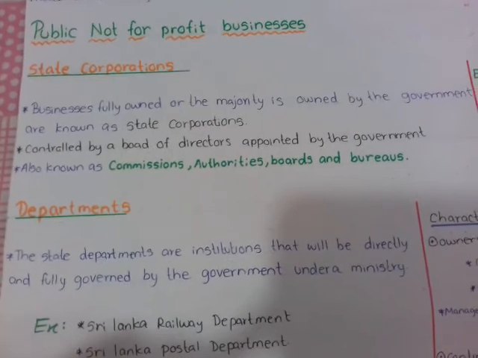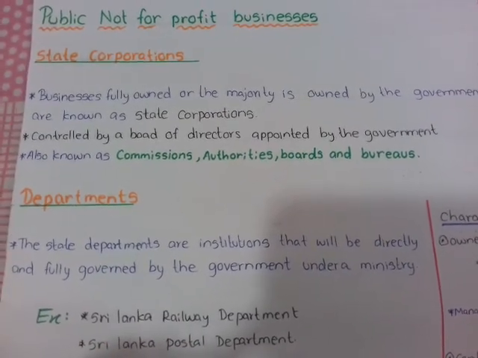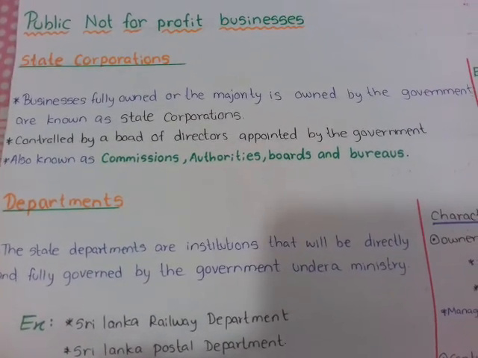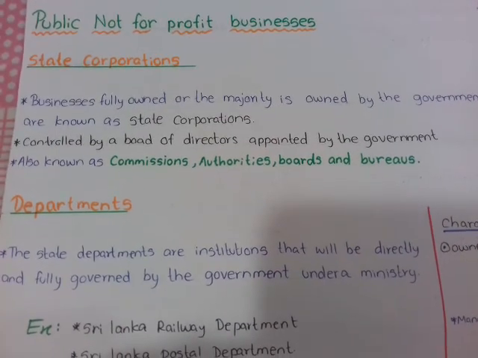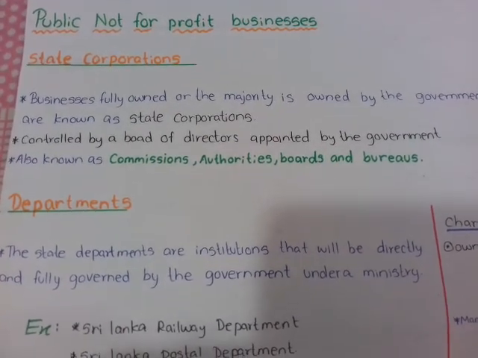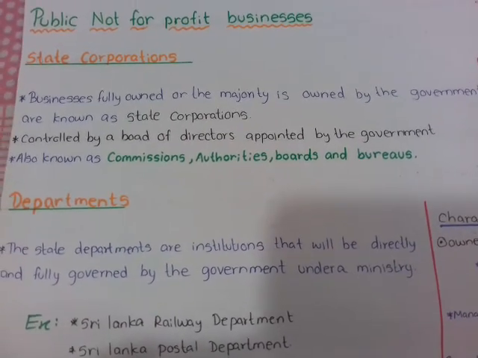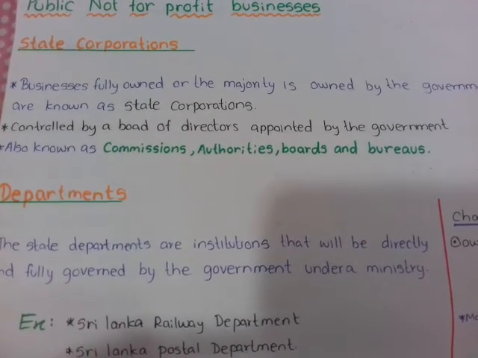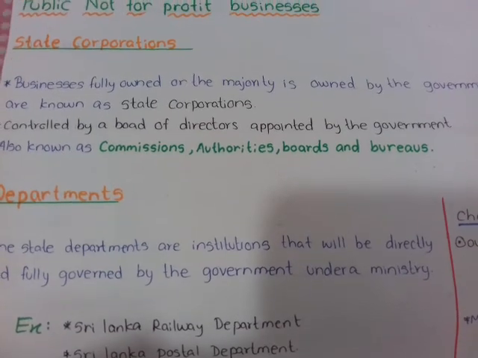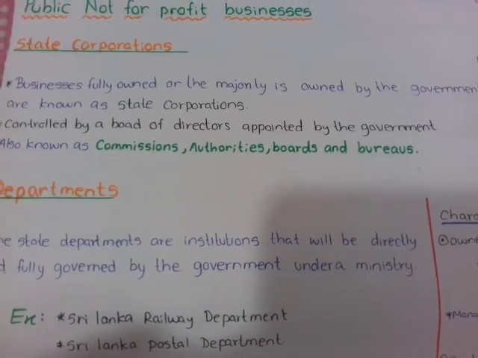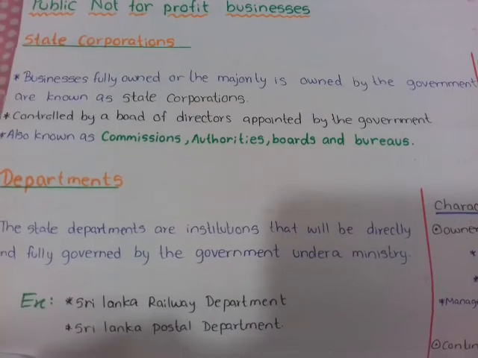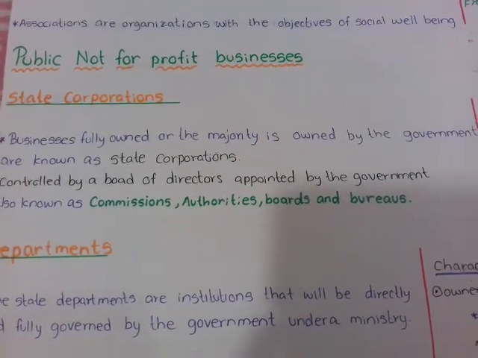Now we are moving on to public, not-for-profit businesses. So first let us talk about state corporations. State corporations are businesses fully owned by, or the majority is owned by, the government. So what does that mean?